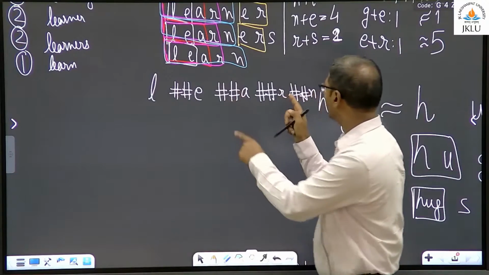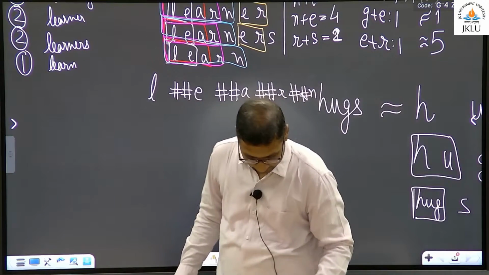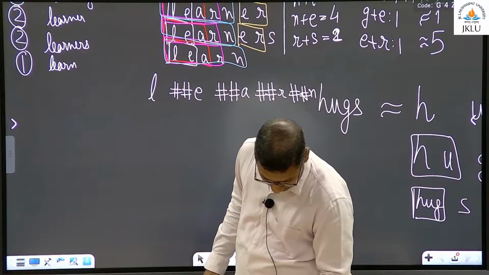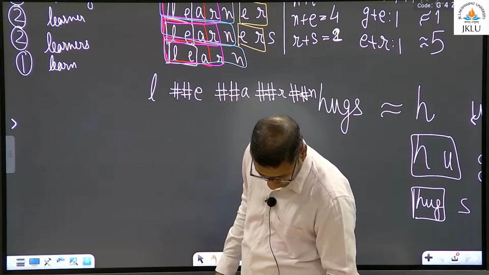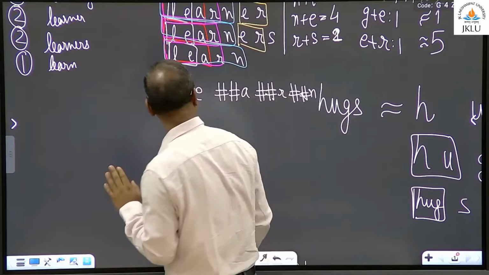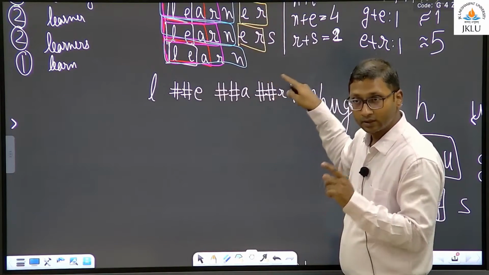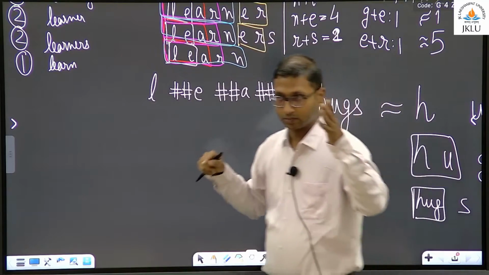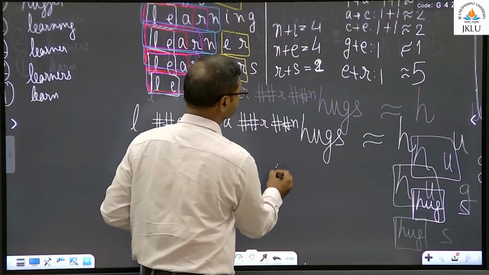Now once you take an aggregate of all these unique tokens in your tokenizer, you start exactly the same process.